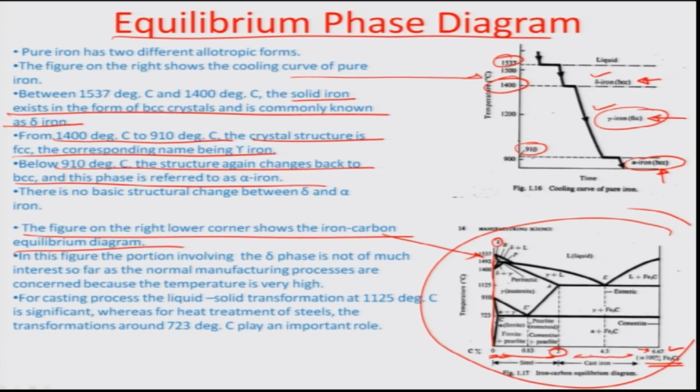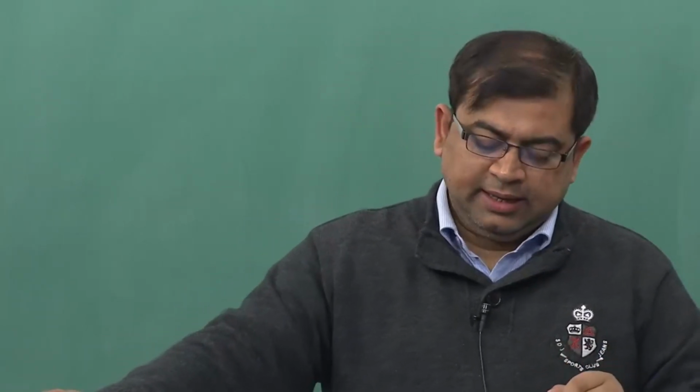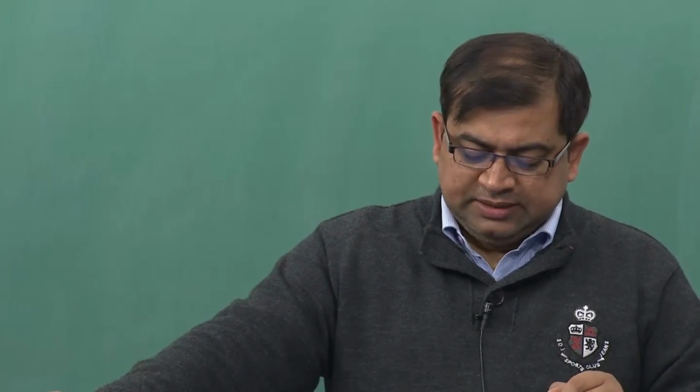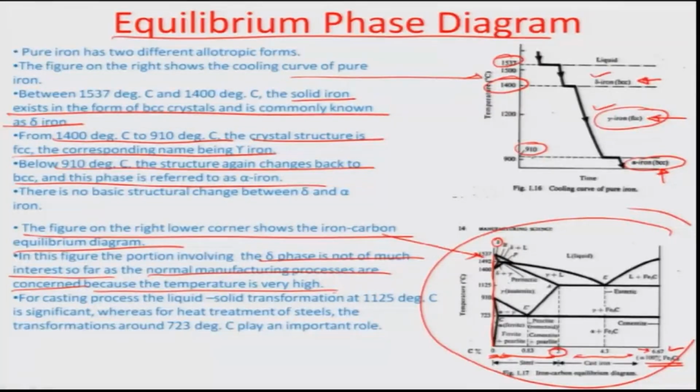Okay. So, in this figure, the portion involving the delta phase is not of much interest so far as the normal manufacturing processes are concerned. Normally the manufacturing processes are more or less carried out at room temperature conditions, and the 1500 to 1400 range is quite a high temperature range, and normally all the engineering materials which are used do not get used up in this particular high range of temperature.